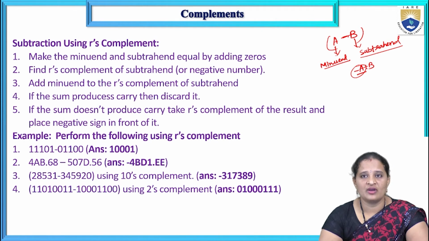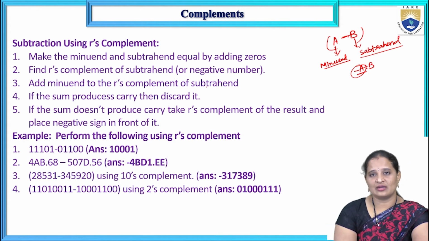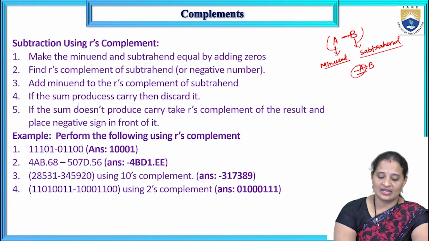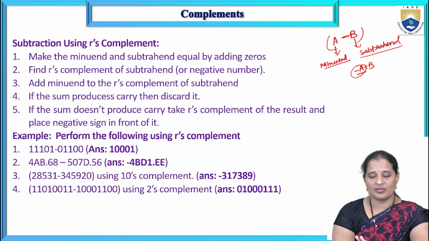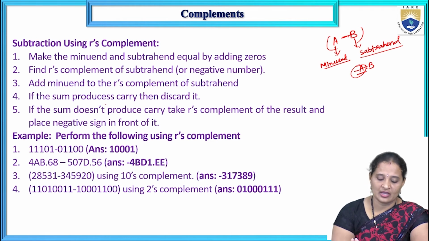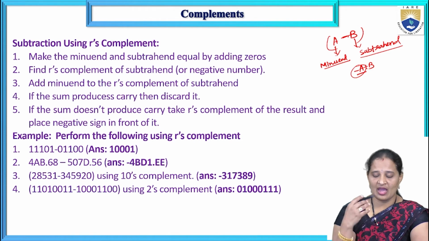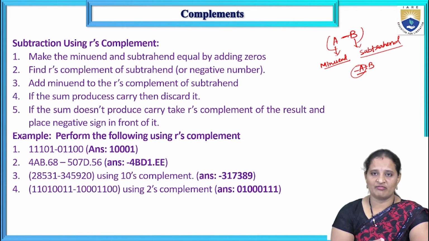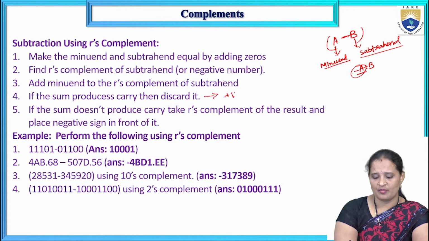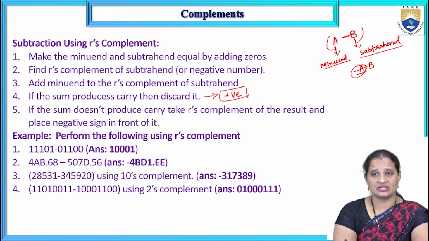Then find the r's complement of the subtrahend, or the negative number, and add the minuend to the r's complement of the subtrahend. That is, add the positive number to the r's complement of the negative number. Then if the sum produces a carry, discard it and the result is considered to be positive.